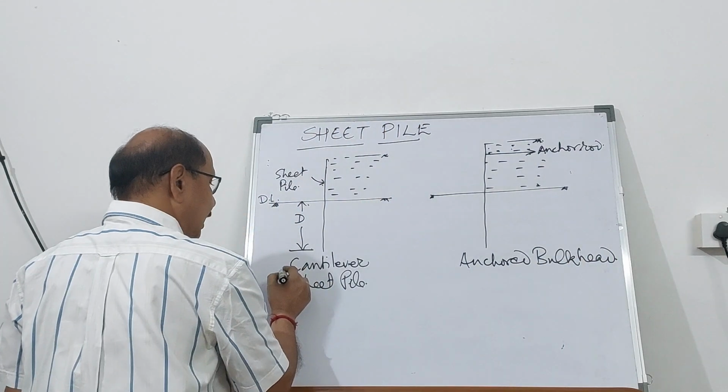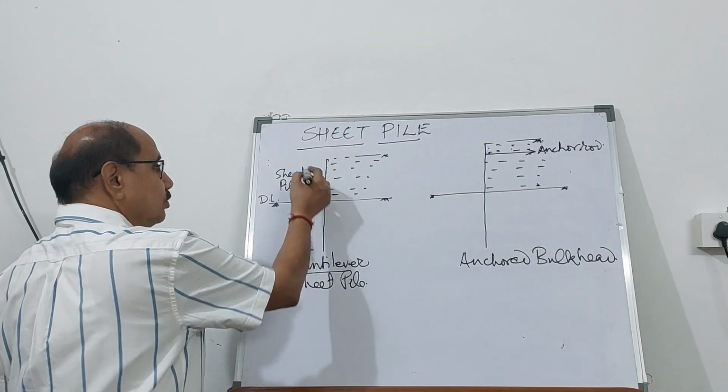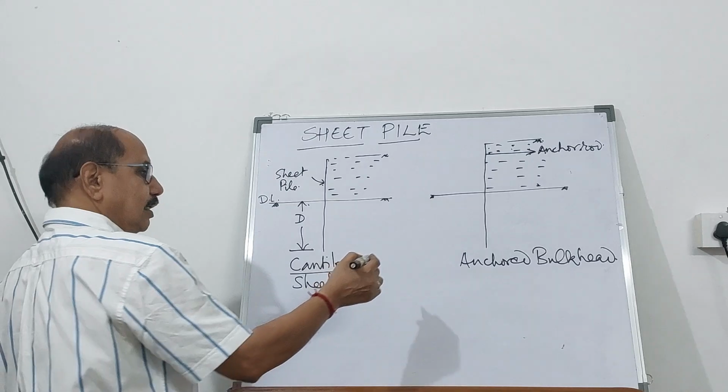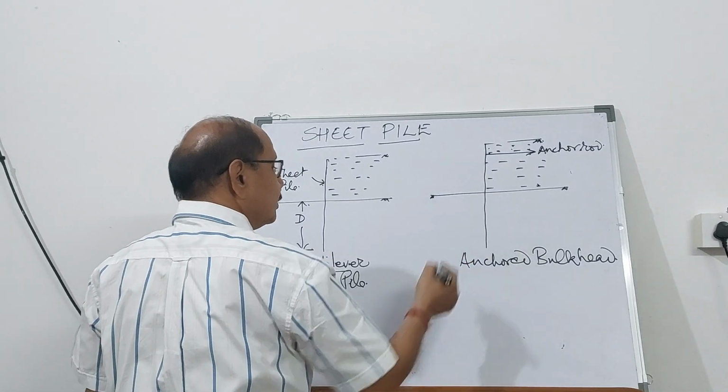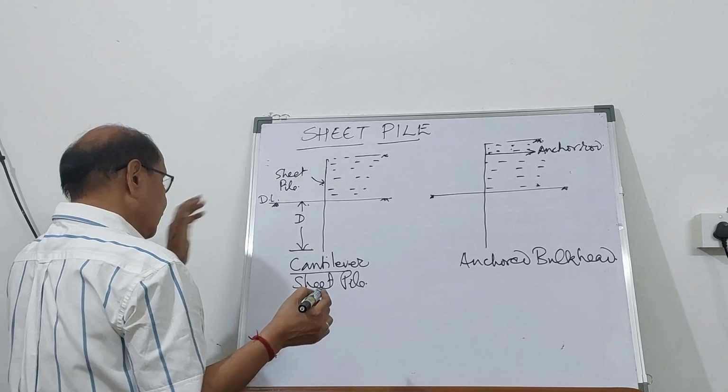So one is called cantilever. There is no anchor rod here, and if you are going to put the anchor rod, this is the anchored bulkhead.